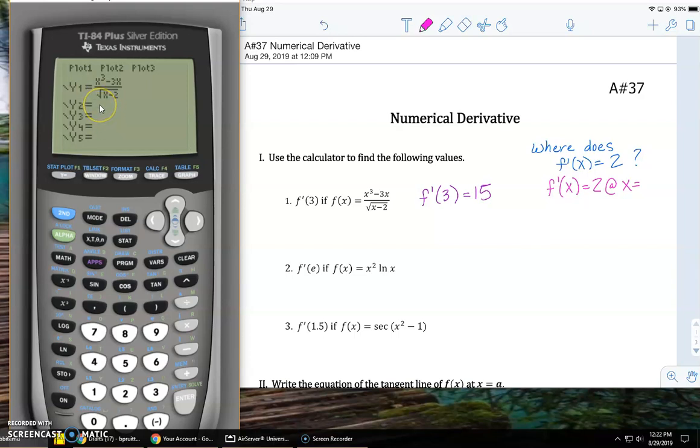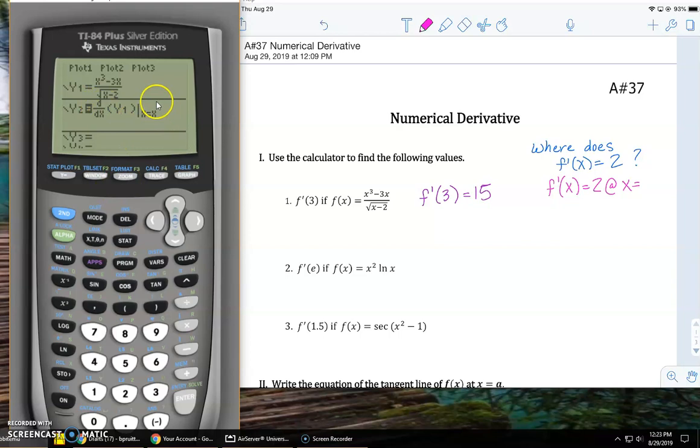Now into y2, I want to graph the derivative. Here we go, here are the buttons. You want to hit Math 8 again. You want to take the derivative of y1, so again, alpha trace, and you want to take it with respect to x.